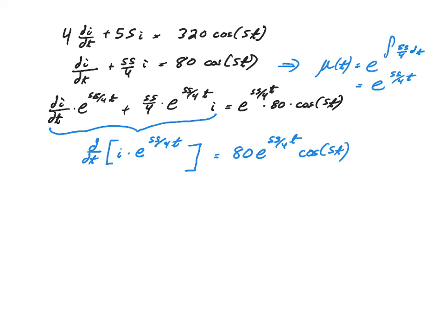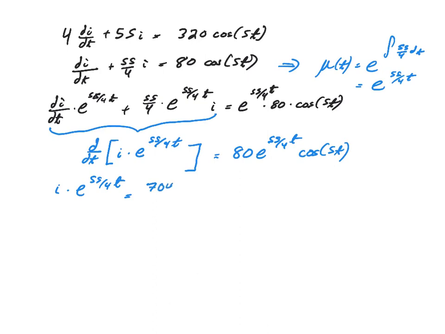Now when you integrate both sides of this, you get I times e to the 55 over 4 times t. This one I went ahead and did ahead of time because that's not too bad. It's just integration by parts.